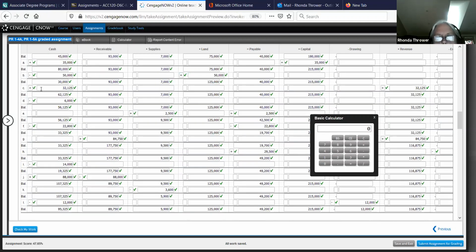We had a decrease in cash here which was not affected in that transaction. 6,000 is definitely a payment for rent expense. $22,800 was a payment to our creditors.